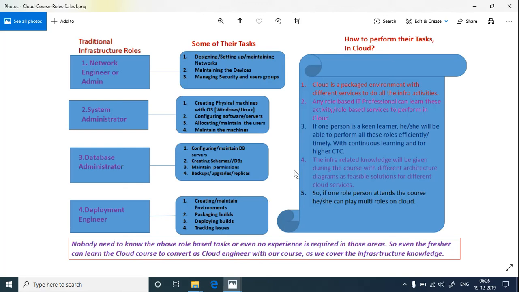Now let us come back to the deployment engineer. I am comparing this deployment engineer with the traditional role, not with the involvement of DevOps. DevOps is a separate topic, I'll explain it later. So what did this deployment engineer used to do? Create and maintain environments.